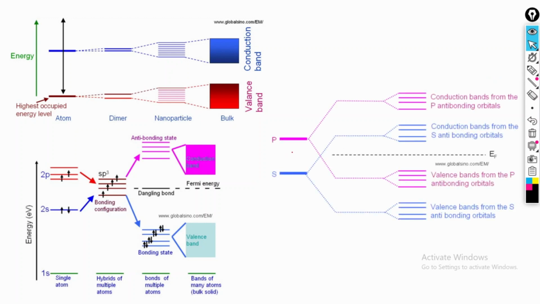Similarly, if we go ahead, this is again a very close look at this arrangement. Here we have the s orbital and this is the p orbital of the single atom. If we combine a large number of atoms, this energy state will be split into different energy states.